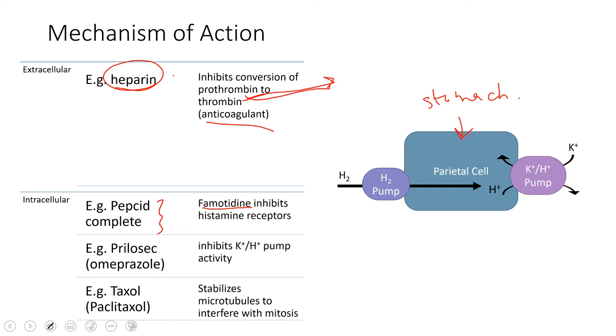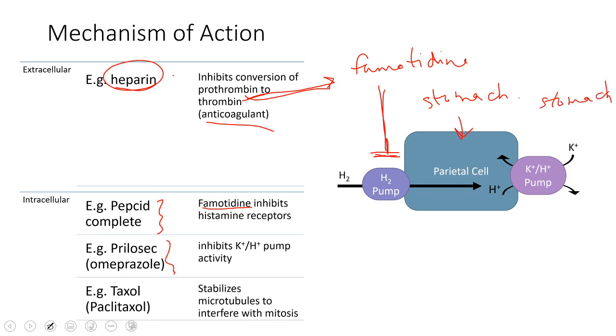What it does is it reduces the amount of hydrogen available by inhibiting this hydrogen pump. That's what famotidine does: it inhibits this hydrogen pump so that hydrogen can't enter the parietal cells to be pumped into the stomach. The stomach is on this side.